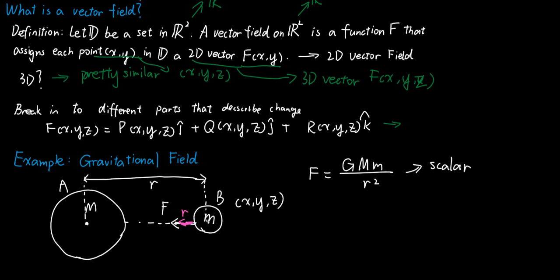So what is the vector of the force? Here, we need to add the directional vector of object B with respect to the origin.